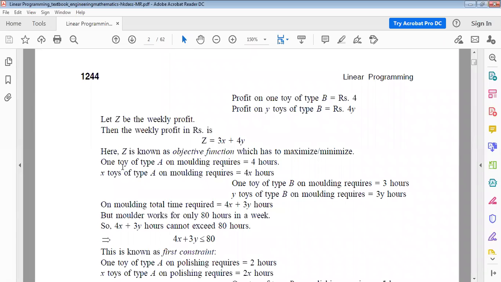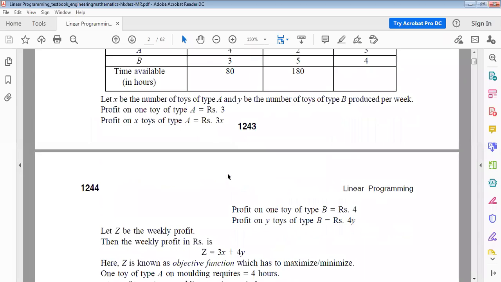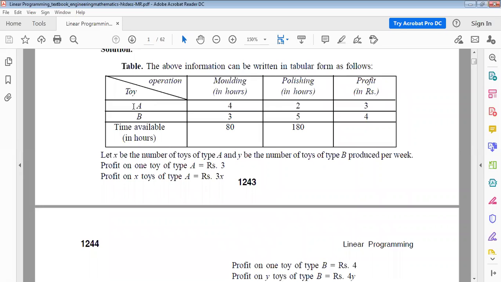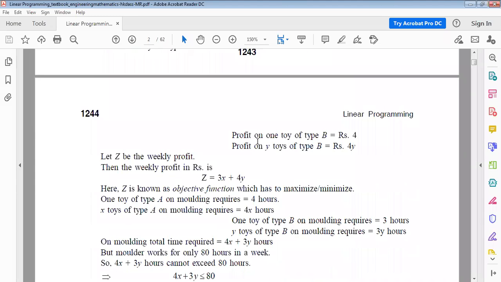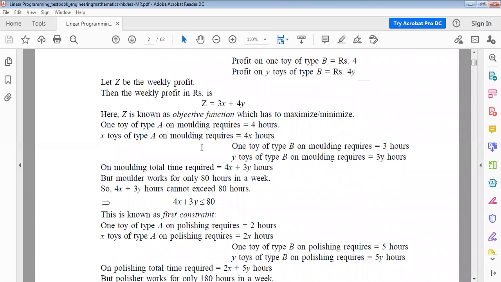For type toy A, molding requires 4 hours, and polishing 2 hours. For type B, molding 3 hours and polishing 5 hours. Remember it. So one toy of A in molding 4 hours, so X toys will be 4X.